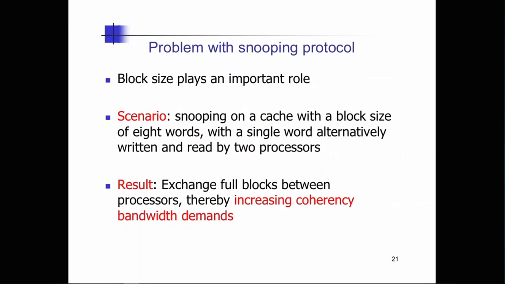The bandwidth existing between the two processors is going to be challenged because of this snooping. And this is a problem because the block size is not necessarily going to be small, and if it goes even higher than 8 words, this problem can get more serious.